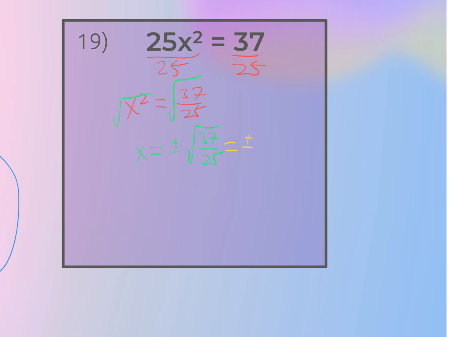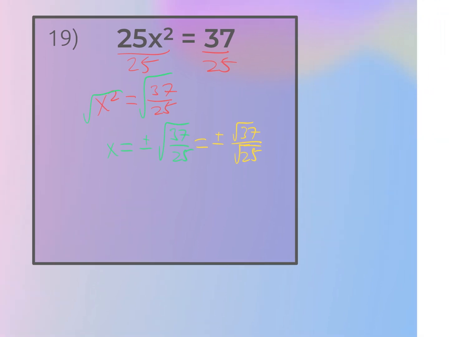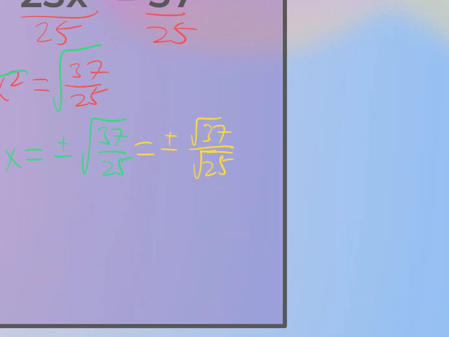So this is the same as plus or minus square root of 37 over square root of 25. And then between these two, we just want to simplify both of these. We don't want a square root in the denominator. So look at the denominator. Can it simplify? And this one can. This one just becomes 5. Square root of 25 is 5. And then we get square root of 37 on the top.